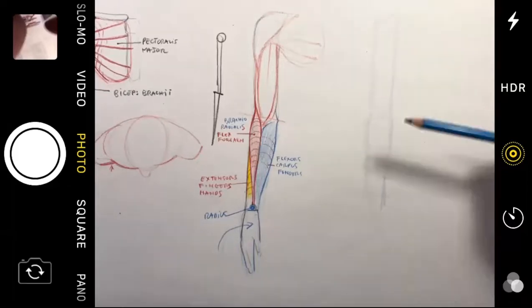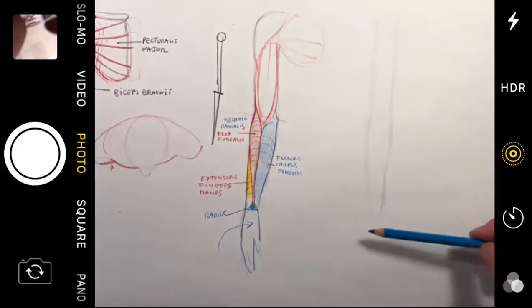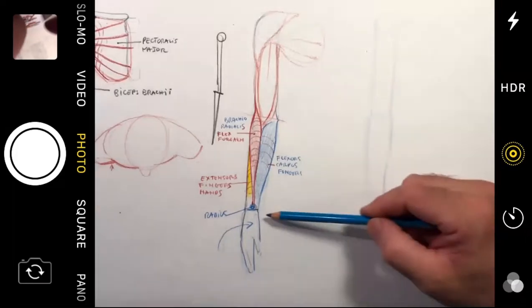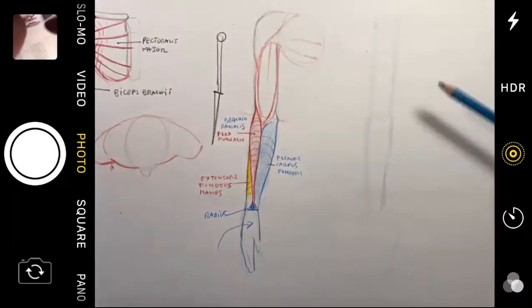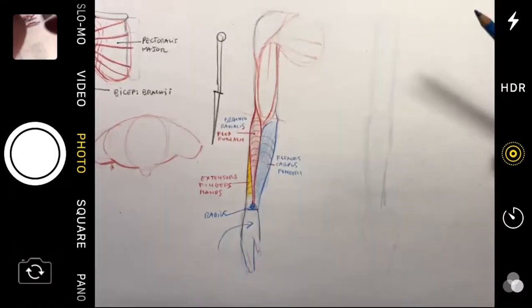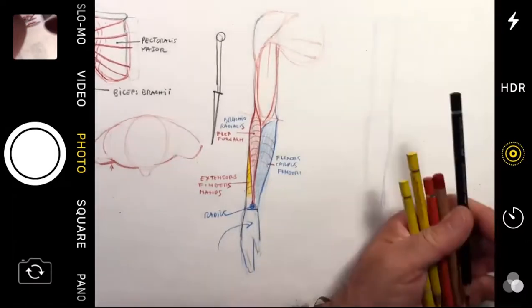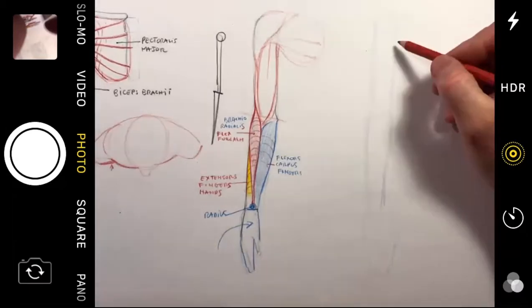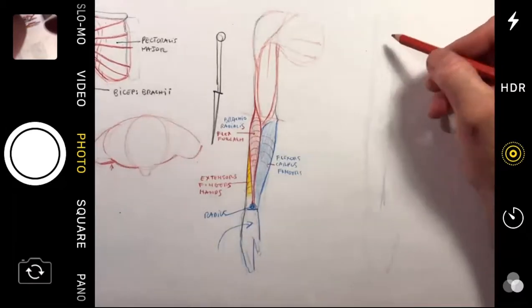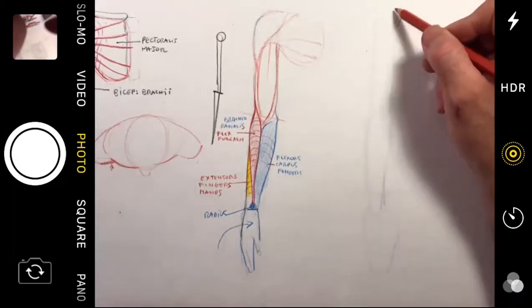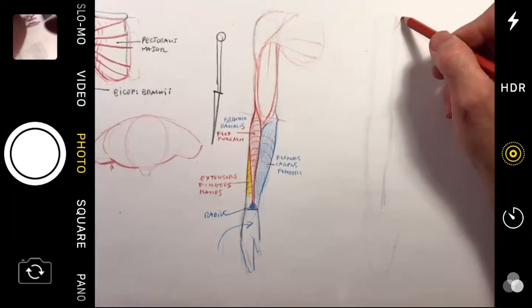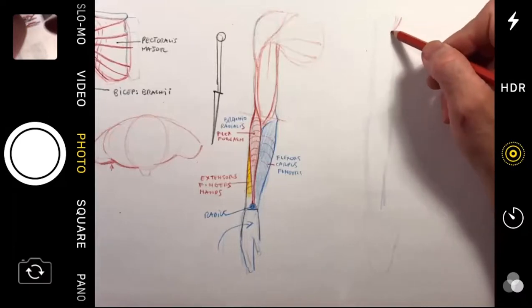And now I block in the hand. And now I can start with the muscle. We started with the deltoid before, so with the deltoid, it goes a little bit past the volume of the head of the humerus, and then it goes kind of half.